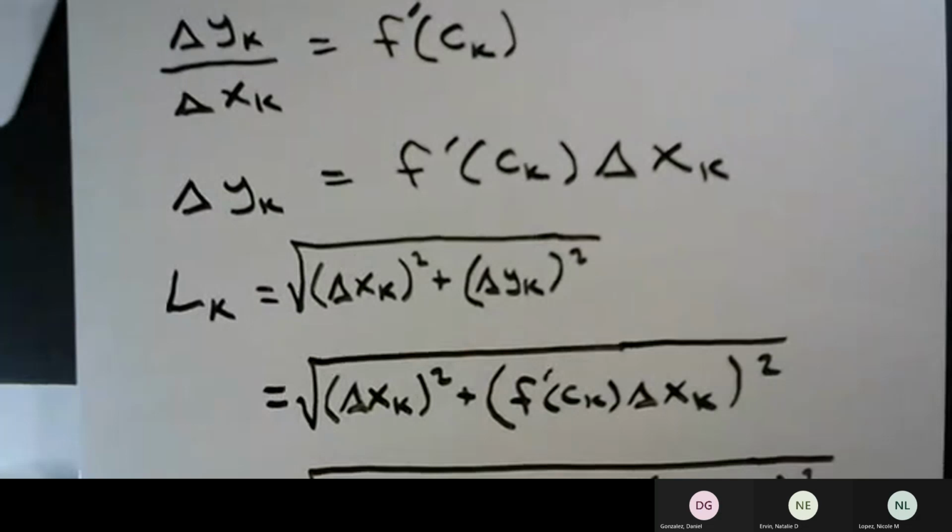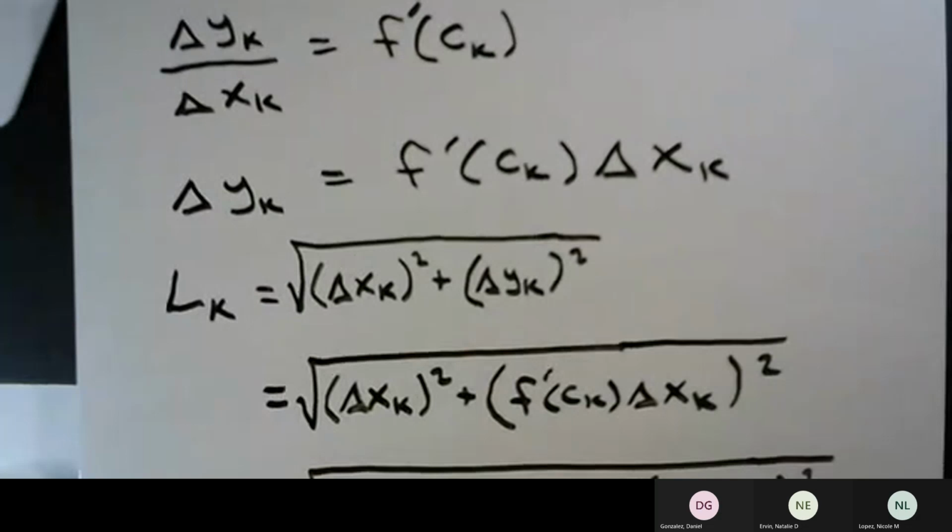Or 2 pi, and then we'll break y star up. It's the average of these y values. So f of xk minus 1 plus f of xk over 2, because there's 2 of them.